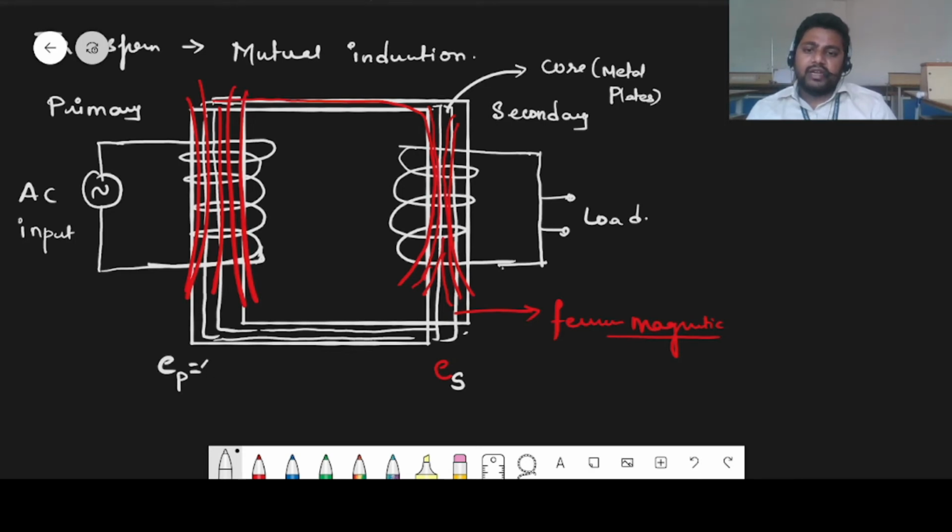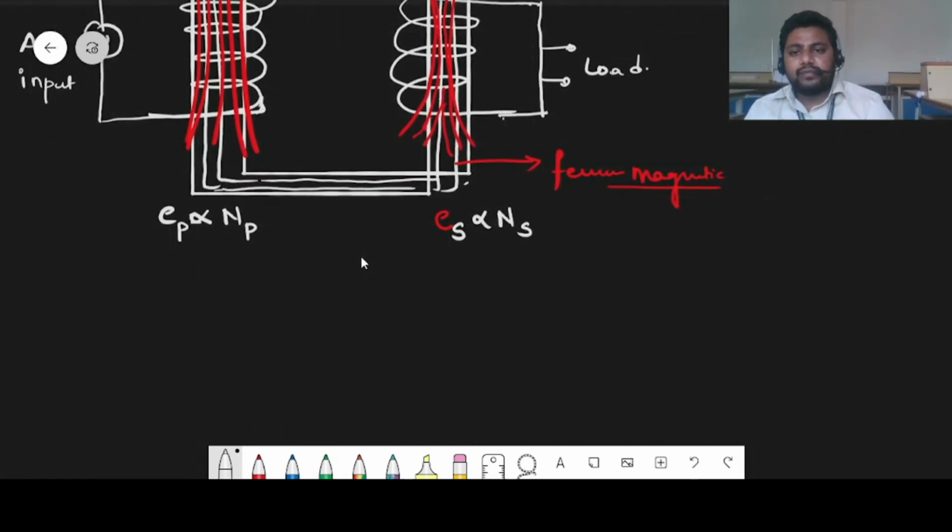You can know that EP is proportional to the number of turns in the primary, and ES will be proportional to the number of turns in the secondary. Now basically this EMF is what allows the current to be flowing through it, and this EMF is what allows the current to be coming out of it. I hope you understood how mutual induction is happening between two different coils because of the changing magnetic field that they are being kept in.